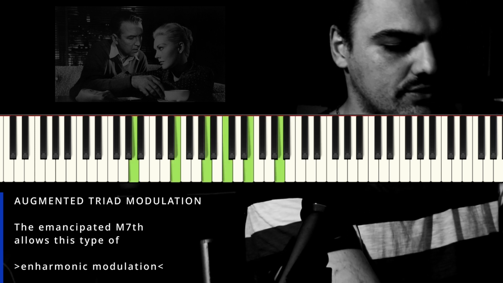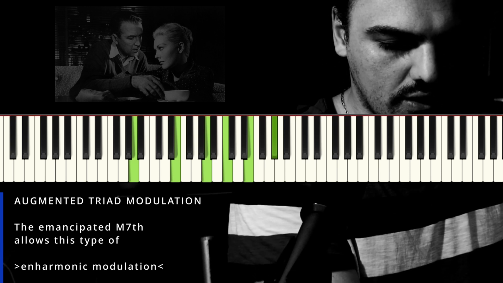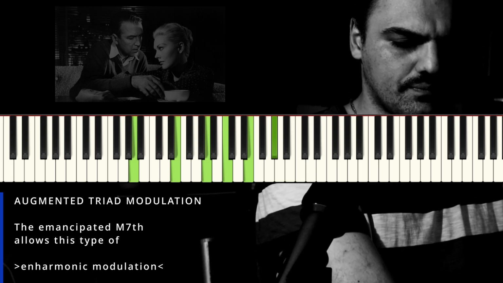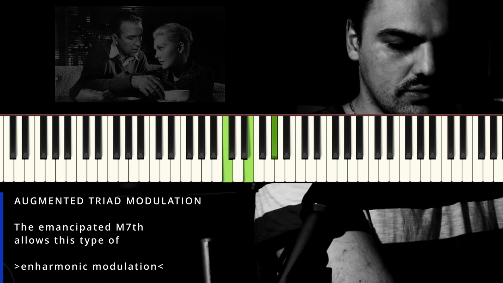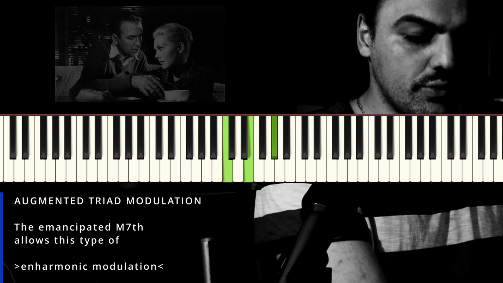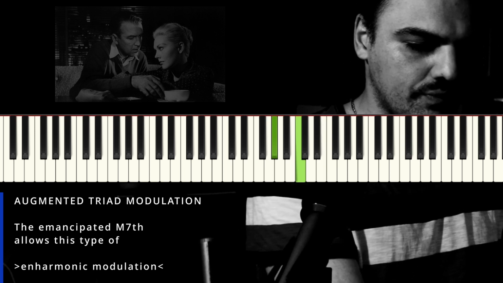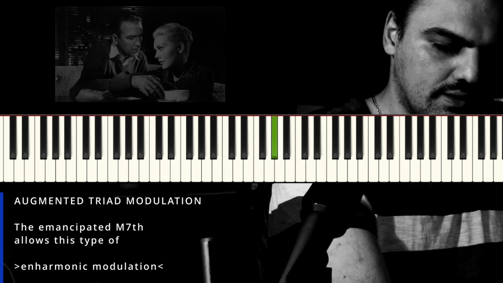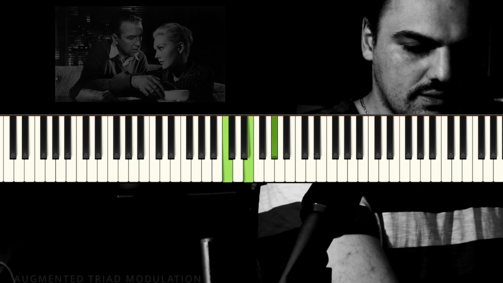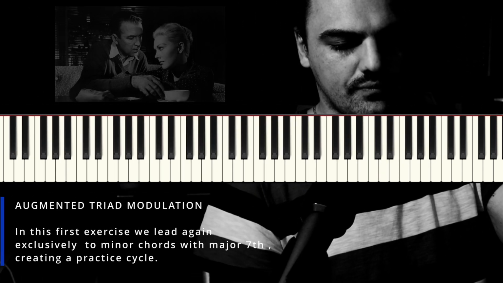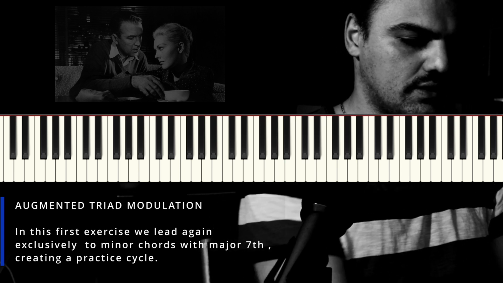So for example, you have A minor here, and you have your chromatic leading tone here that will form this augmented triad with the other tones. So the central idea is how this tone here created the augmented triad. This is the leading tone to the minor scale.